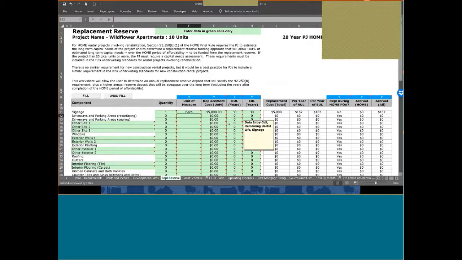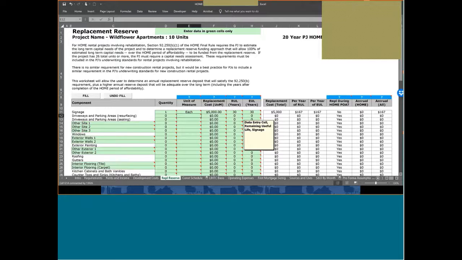Effective useful life means, when new, what is the typical lifespan of that item? And remaining useful life means, from wherever we are in that lifespan, how many more years are left. Because this is a new project, all of these replacement items are going to have an RUL, or remaining useful life, and an EUL, effective useful life, that's the same.